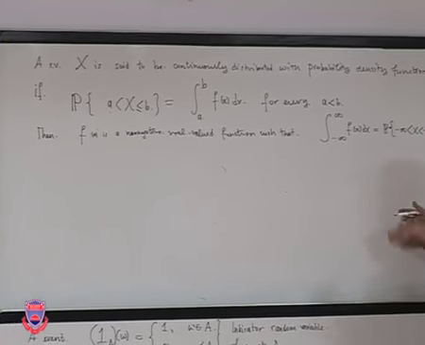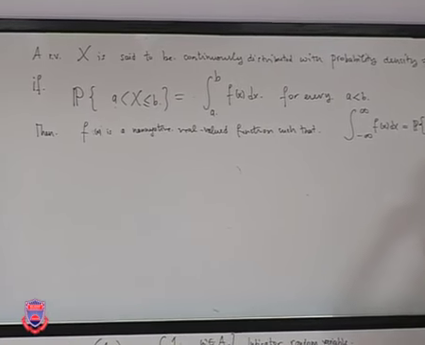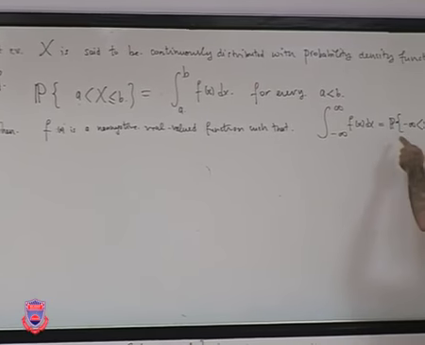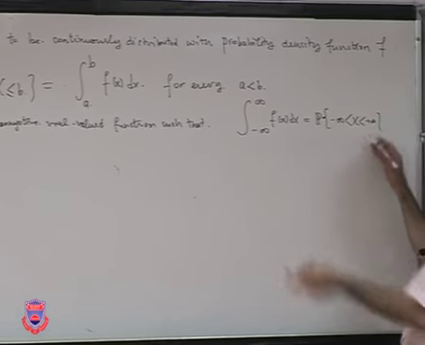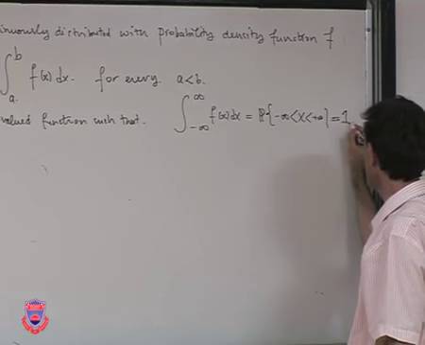Since X is a real value, this is actually the range in which X can live anyway, and this must happen with probability 1.